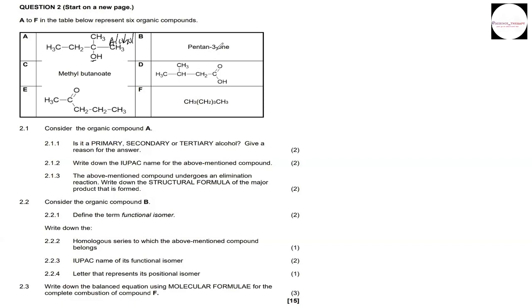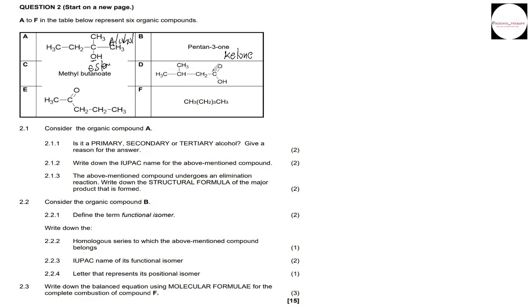Then in B, we have pentan-3-one, which tells us that this belongs in the ketone homologous series. In C, we have methyl butanoate, which tells us that this belongs in the ester homologous series, since it is made out of 2 homologous series, the alcohol and the carboxylic acid.